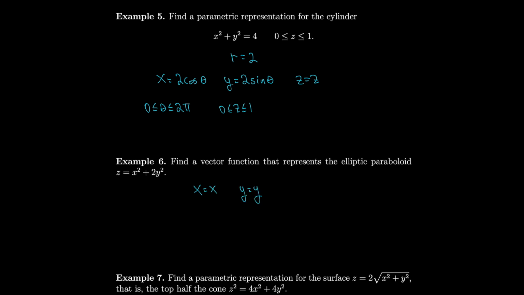We don't even have to use u and v because z is already x squared plus 2y squared. So we already have everything in terms of just two variables. So that means that our vector function r can be written as r of x y instead of r of u v, and that'll just be x i plus y j plus x squared plus 2y squared k.